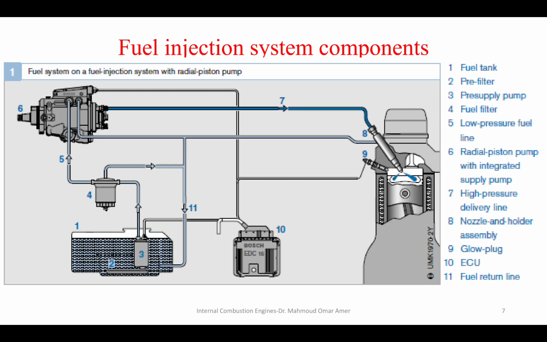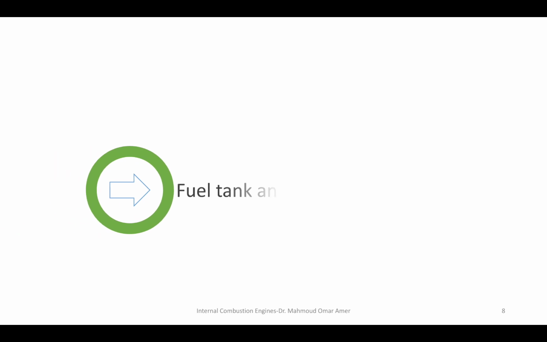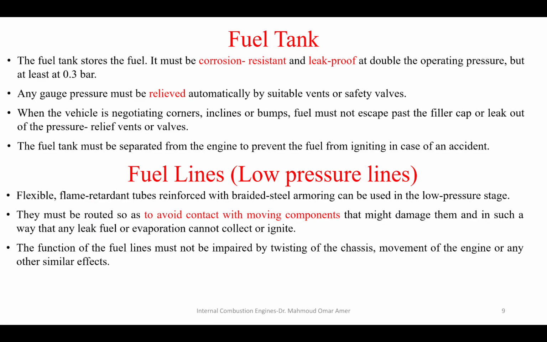From the high pressure pump, you pass through high pressure lines to the injector inside the combustion chamber. If you remember from the theory of combustion for the gasoline system, we explained similar parts like this, with slight differences.